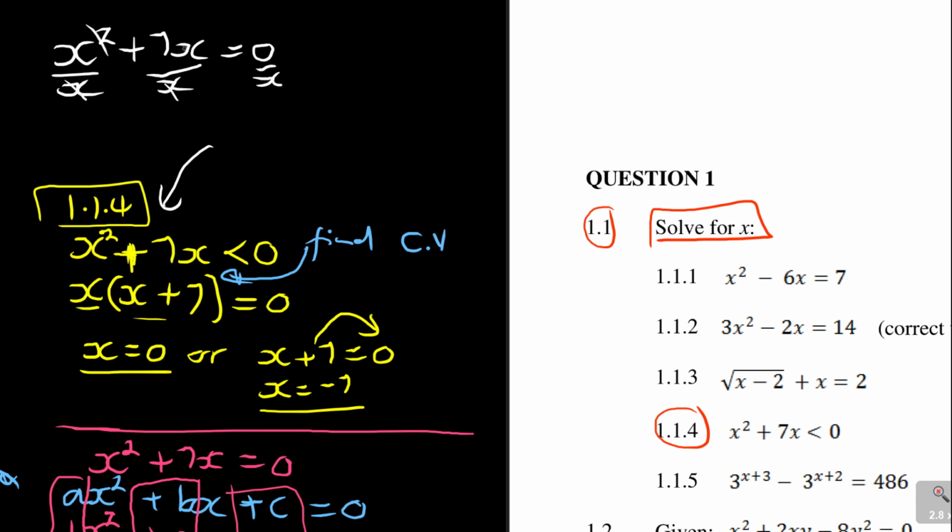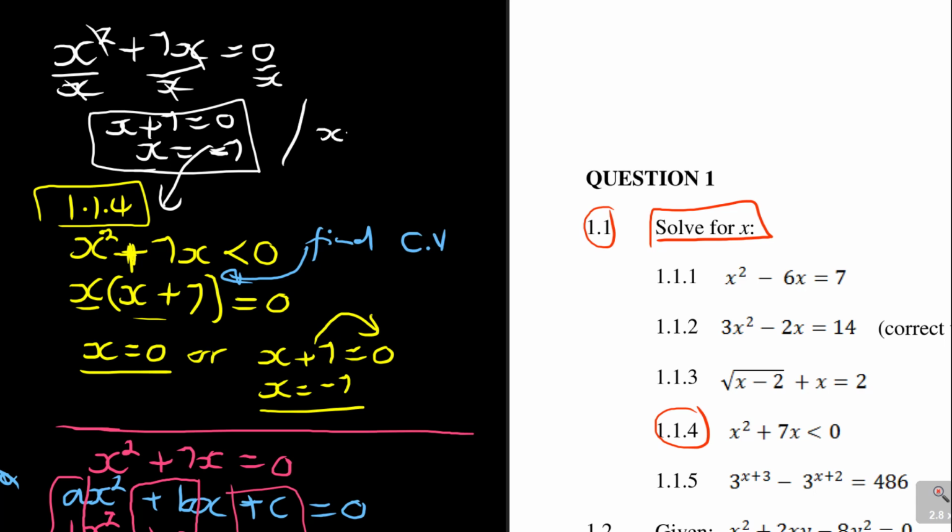When they divide by x, they'll be left with x plus 7 equal to 0, and then x is equal to minus 7. You still have one answer, x is minus 7, which is correct, but you have lost the other value, x is equal to 0, because when it's squared, it means you must come up with two answers.